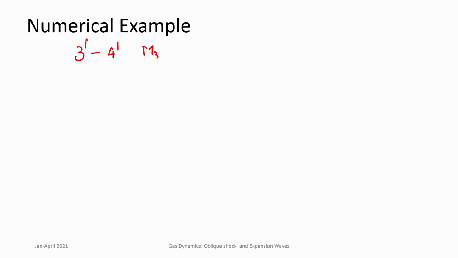Now at the final point, between 3 prime and 4 prime, it is an expansion fan. So M3 is 2.71 from the calculations, and here the flow turns away by 2 degrees.